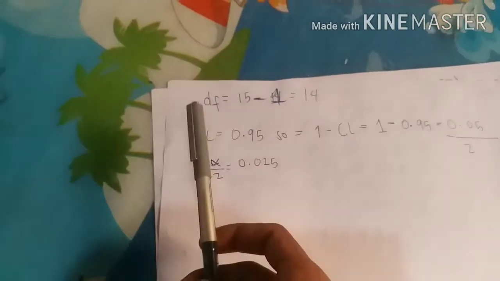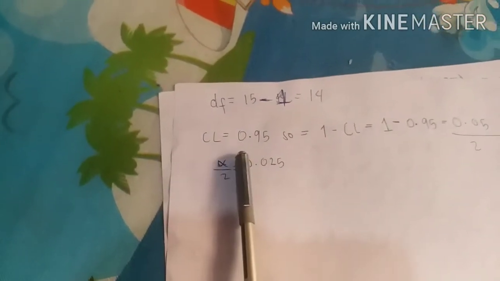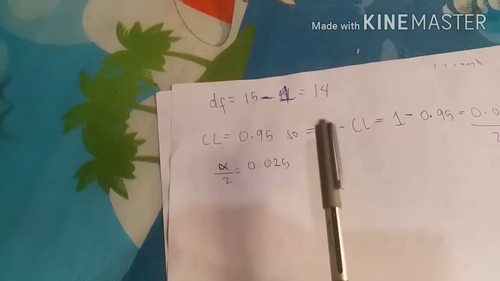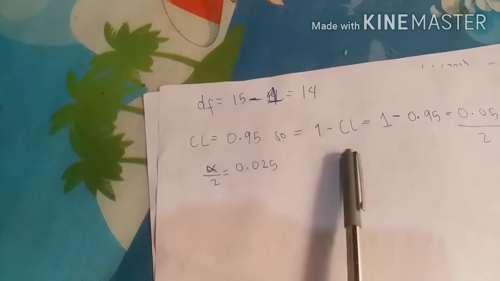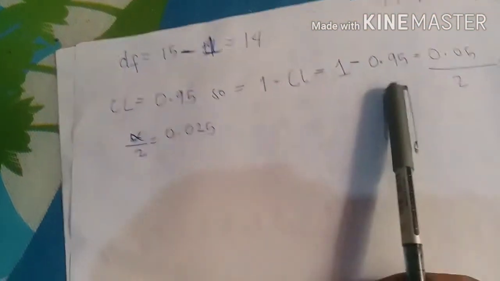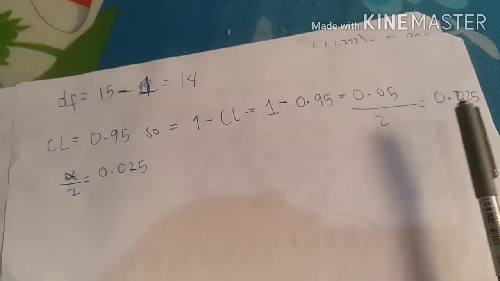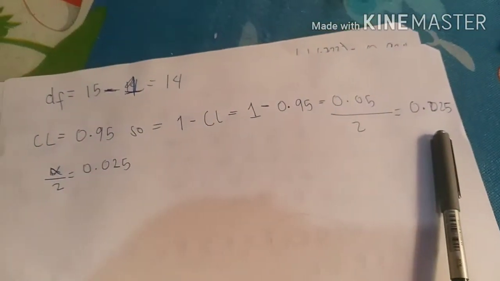Confidence level 0.95. So 1 minus confidence level, so equals 1 minus 0.95 is equals to 0.05. Tapos divide mo siya into 2. So ito yung lalabas, 0.025.